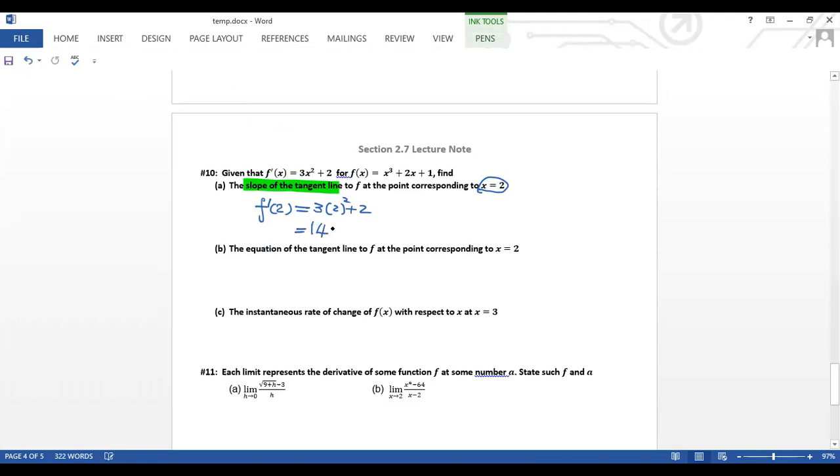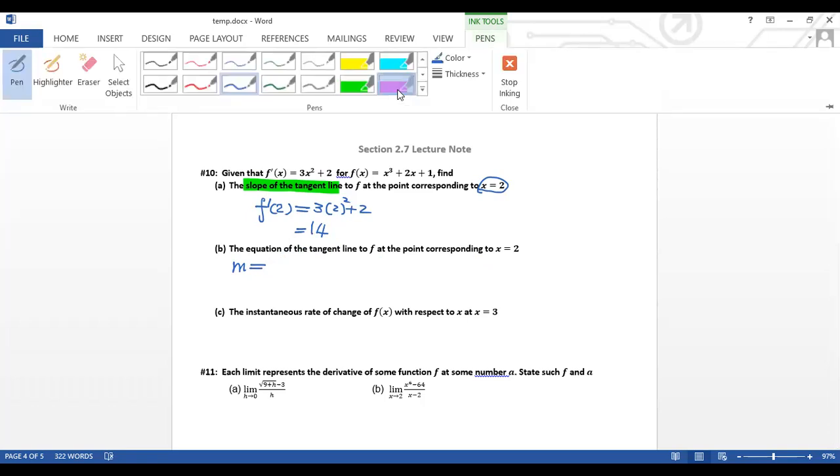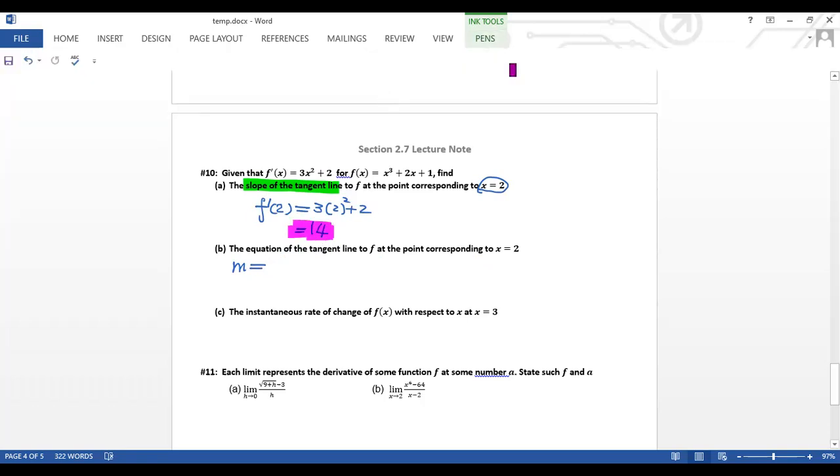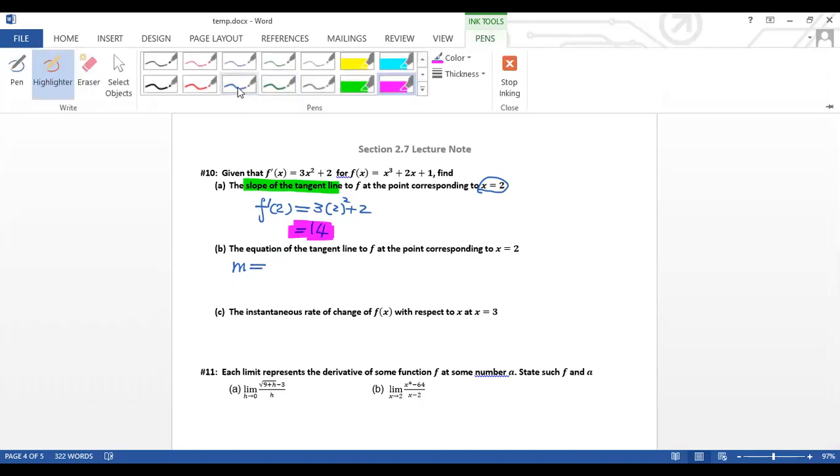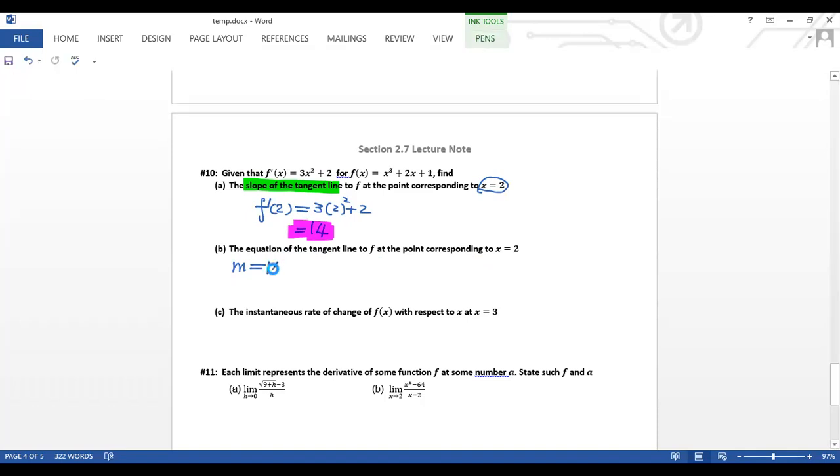Now they want to find the equation of the tangent line. Just like we talked about, we need to have a slope. The slope we just calculated, right? So I have the slope is 14. Then I also need the point.